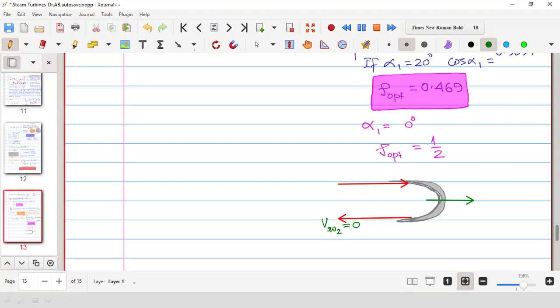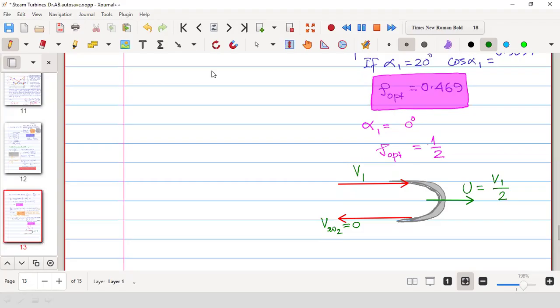V2 will be leaving with, if it is coming with the incoming velocity V1 and it is U, so U will be basically V1 by 2, and the tangential component of the velocity that is leaving is 0.